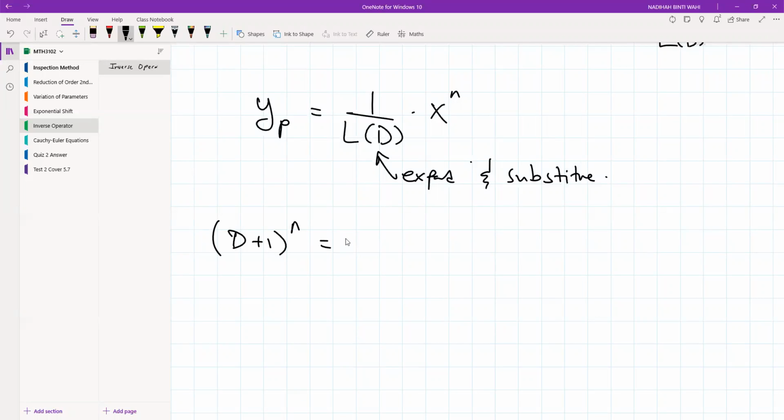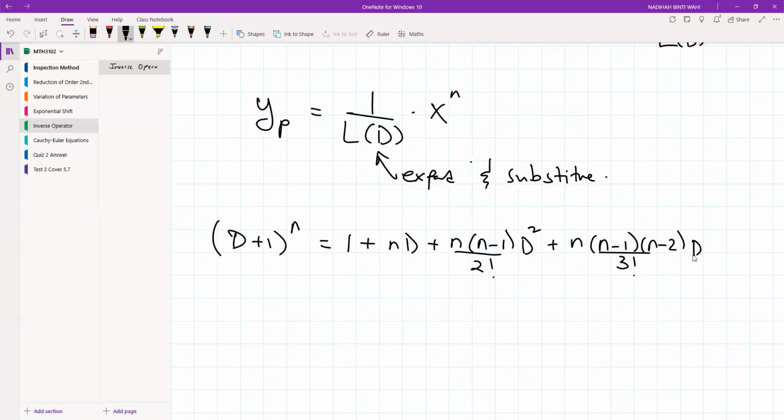So kalau saya expand benda ni, saya rasa awak dah belajar dalam algebra. So this is just 1 plus n of D plus n darab n minus 1 bagi dengan 2 factorial darab D kuasa 2 plus n darab n minus 1 darab n minus 2 bagi dengan 3 factorial of D cube plus and so on. So bila awak expand yang ni, kemudian substitute dalam LD of X sebelah kanan.